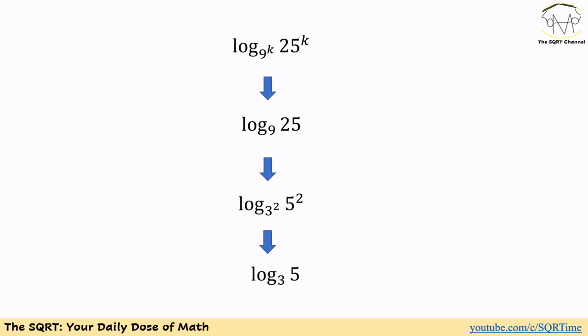Then we will end up with log of 5 in base 3. And the reason is, after removing k, we will have log of 25 in base 9, and then we will write 25 as 5 to the power of 2 and 9 as 3 to the power of 2, and then remove 2 from both, and then we will end up with log of 5 in base 3.